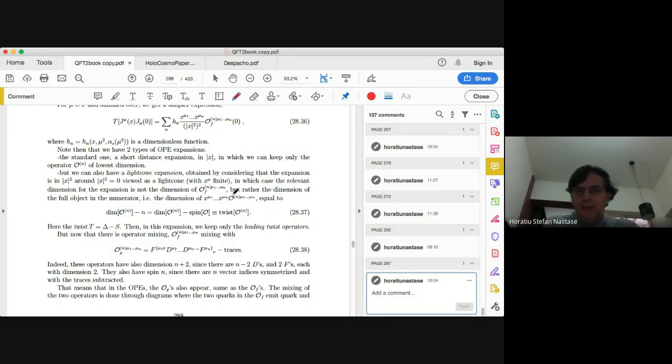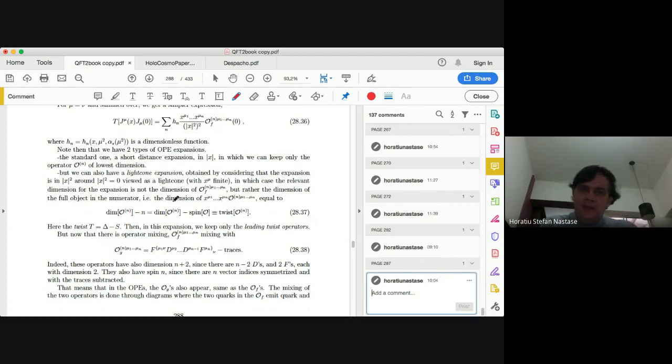And then x mu1, up to x mu_n is still finite, even though x squared is close to 0, right? So really the operator that we're thinking of is x mu1 up to x mu_n times this operator.